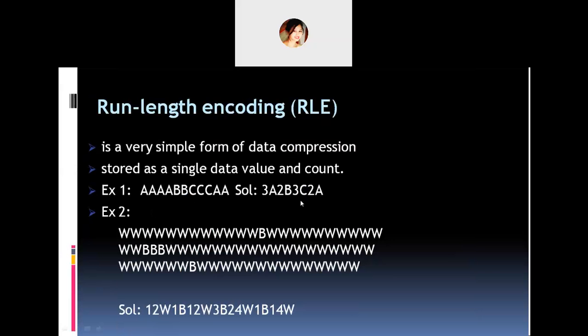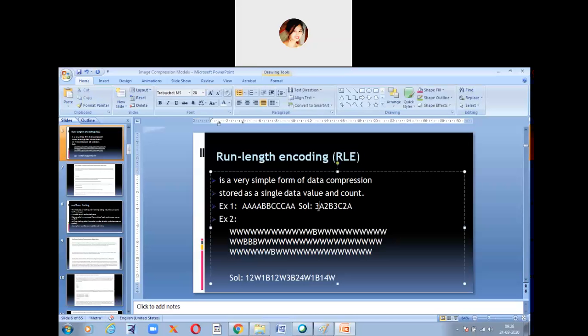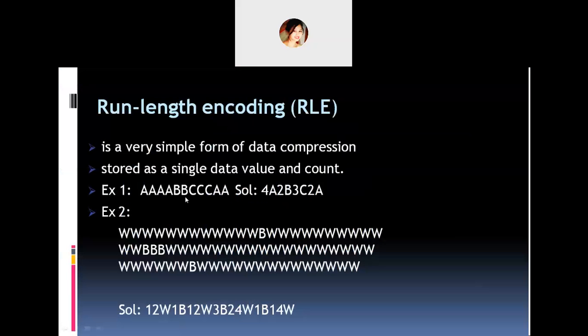So run length encoding, do you remember? It is a very simple form of data compression which is stored as a single data value and count. Suppose this expression is given, the string of characters. It can be written as 4 A's, then 2 B's, 3 C's and 2 A's.